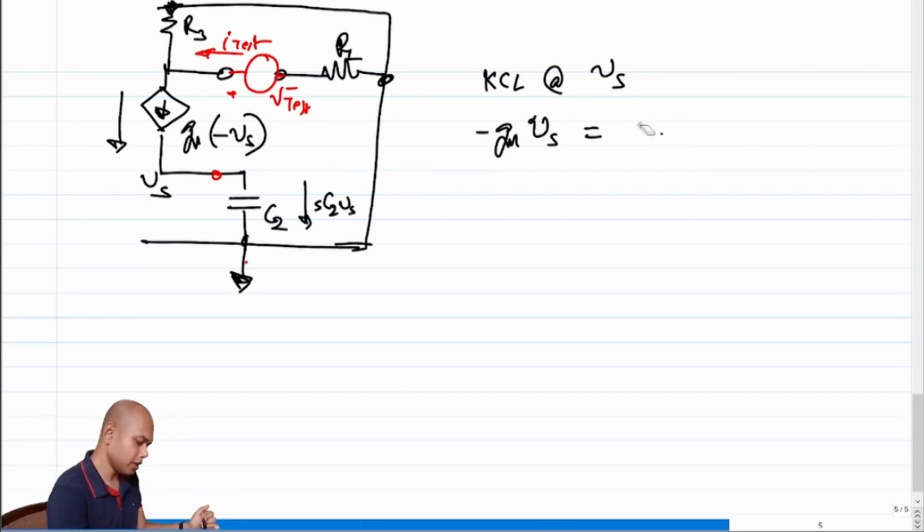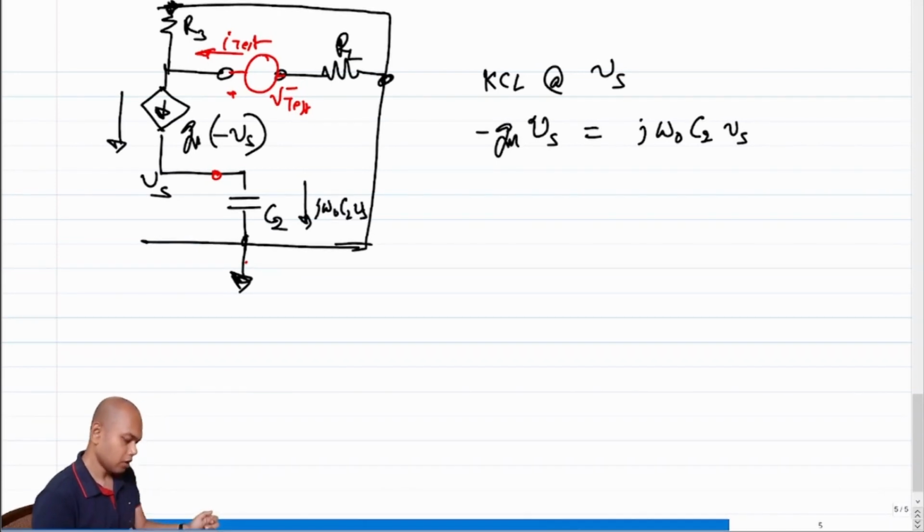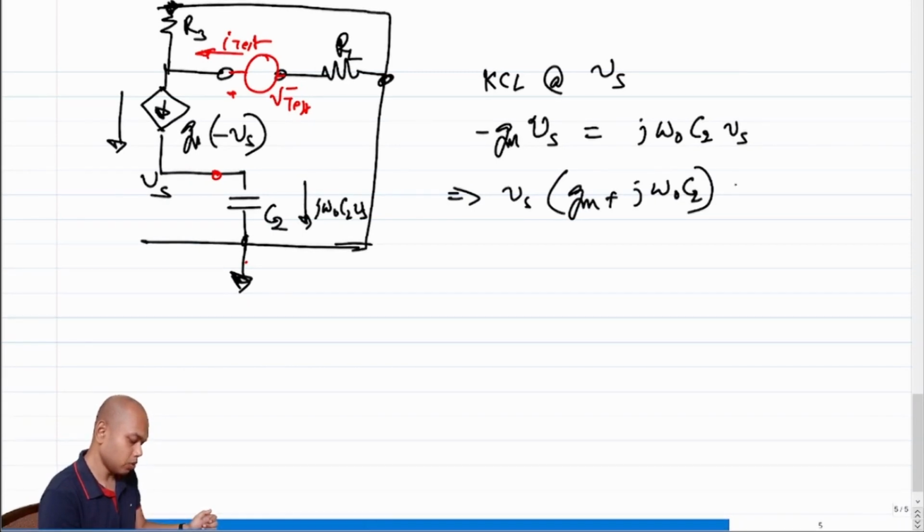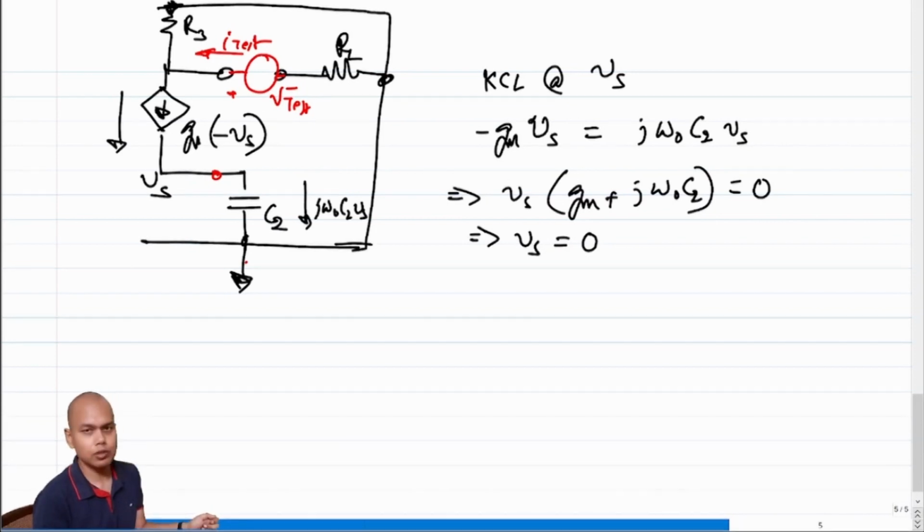If you are not comfortable with SC2, let's call it J omega naught C2 times Vs, because we are talking about some frequency omega naught that we are trying to figure out. So it becomes Vs times Gm plus J omega naught C2 is equal to 0, right? Which means what? The only possible solution which can be generalized is Vs has to be equal to 0.